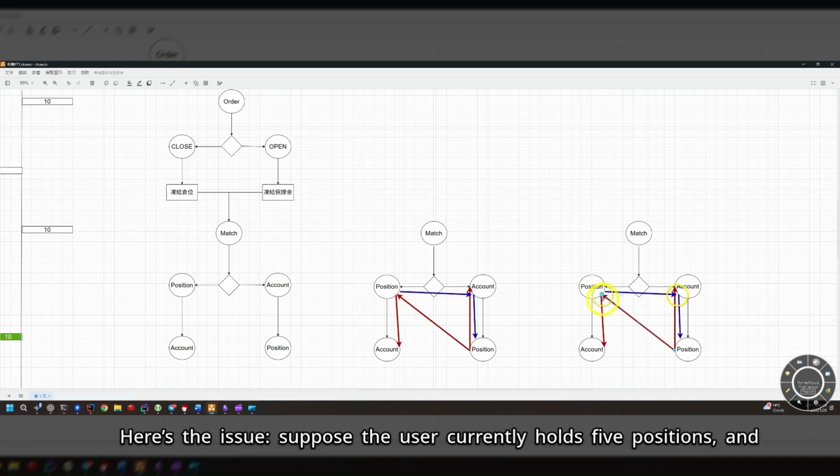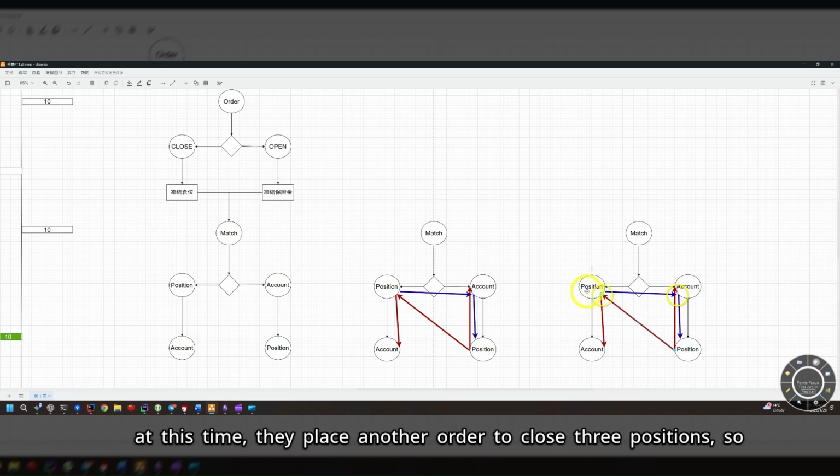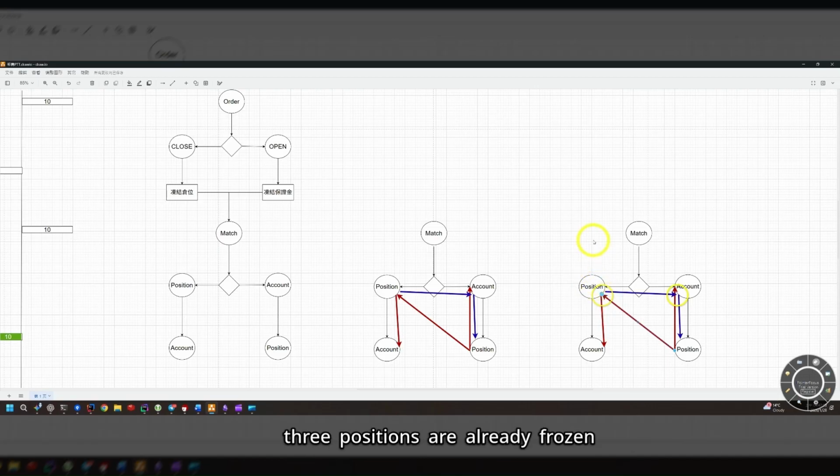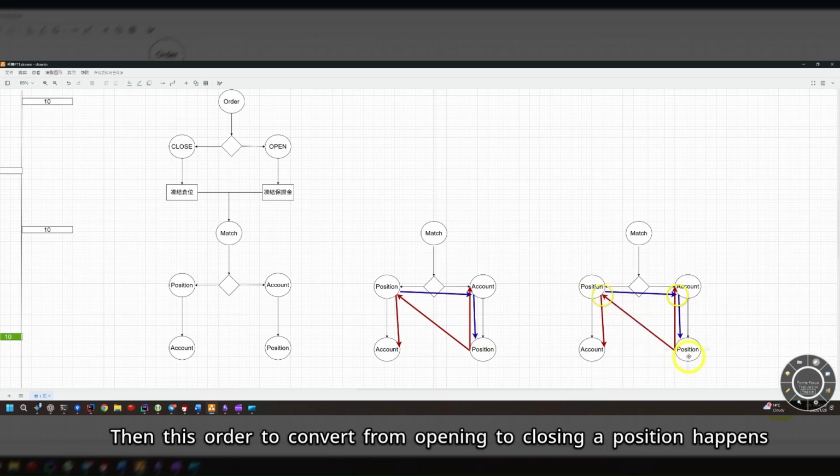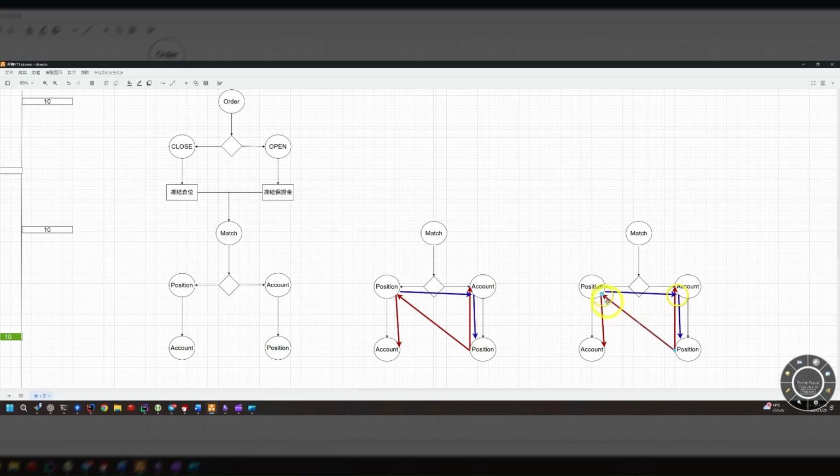Here's the issue. Suppose the user currently holds 5 positions, and at this time they place another order to close 3 positions, so 3 positions are already frozen. 5 positions, 3 are frozen. Then this order to convert from opening to closing a position happens to involve 5 positions. Okay. 5 positions, 3 are frozen. Now, to close 5 positions, what should they do?